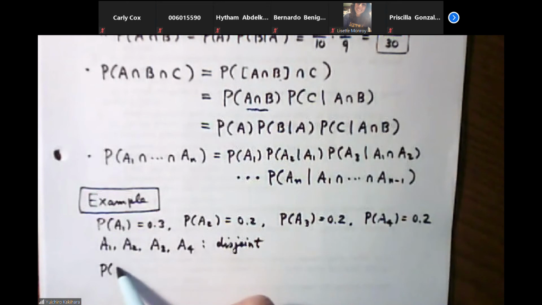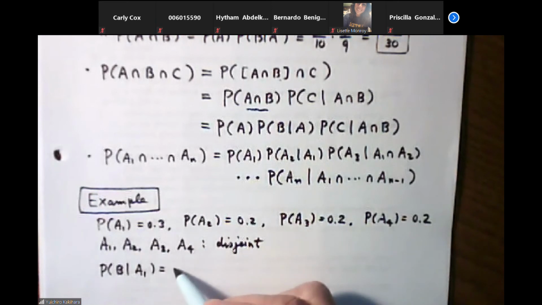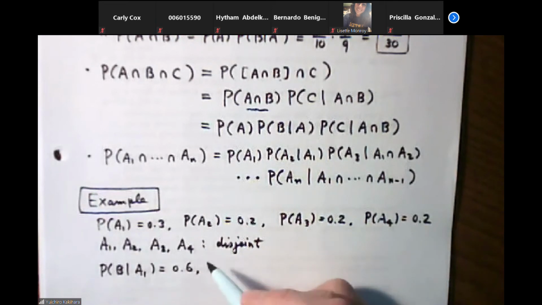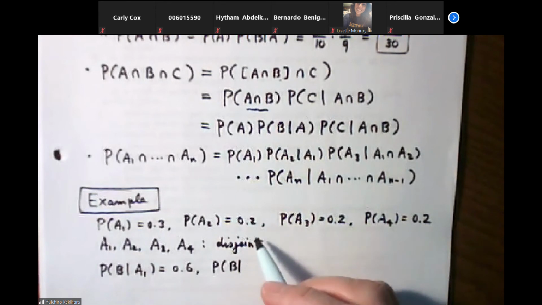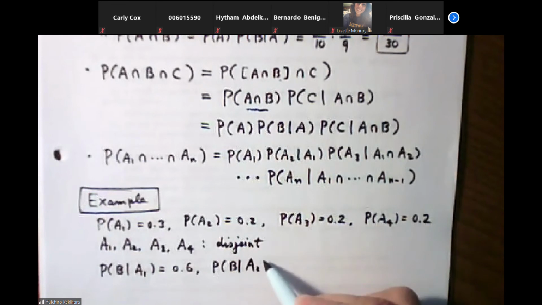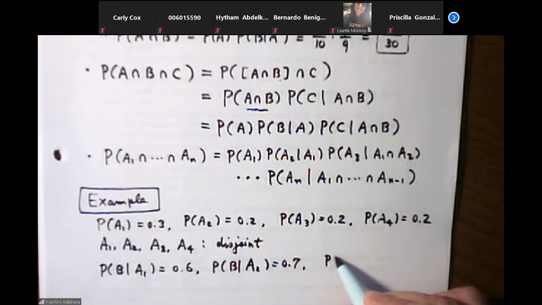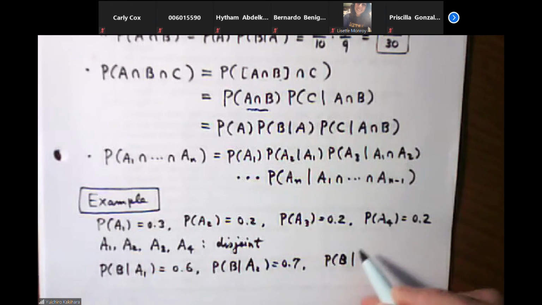B is another event, and the probability of B conditioned by A1 is equal to 0.6, the probability of B conditioned by A2 is 0.7, and the probability of B conditioned by A3 is 0.8.